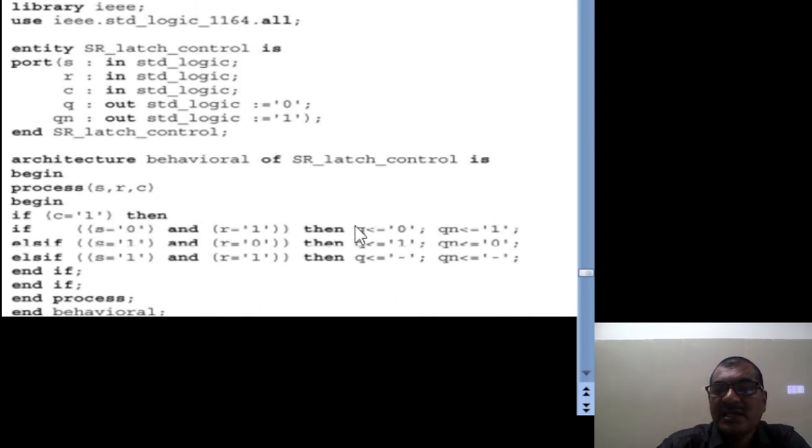That's why we are using both Q and Qn as outputs only, not as inputs. Based on the programming style, Q and Qn are declared only in the form of out. So this is the behavioral model program for the controlled SR latch.